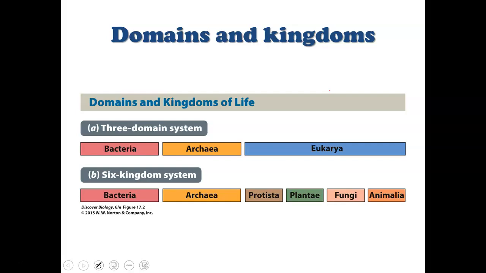And so, as a compromise, some biologists have proposed what's called a 6-kingdom system. So this reflects the fact that the bacteria and the archaea are, in fact, distinct groups, but we still preserve the 4 major kingdoms that we're familiar with.